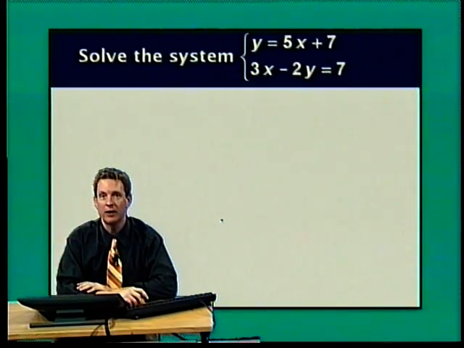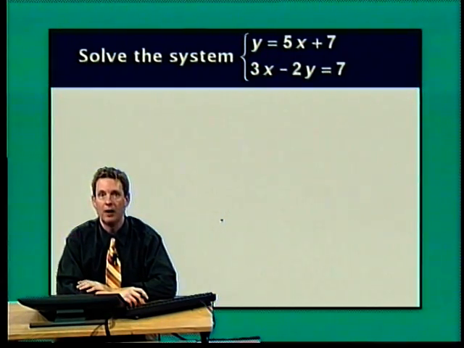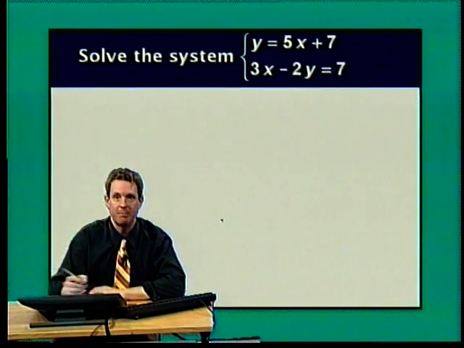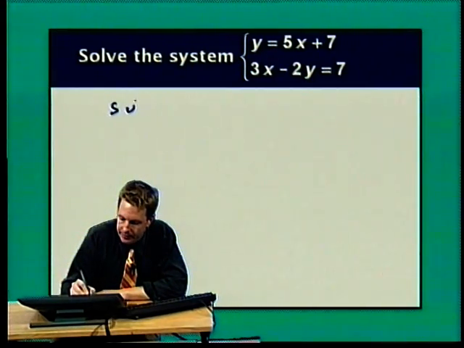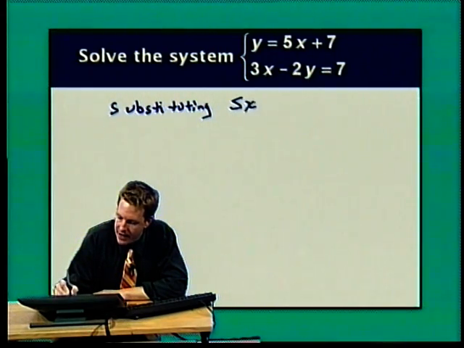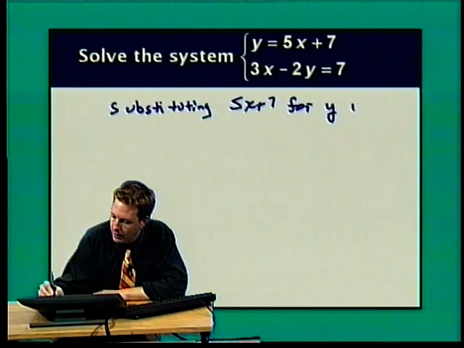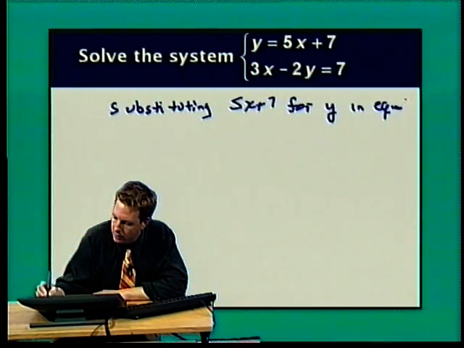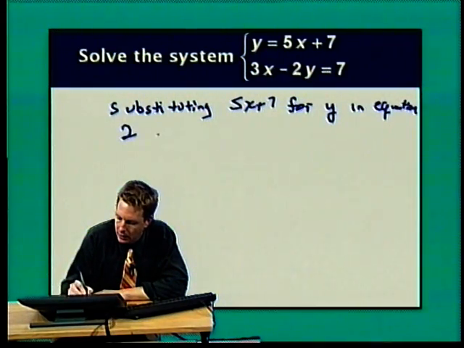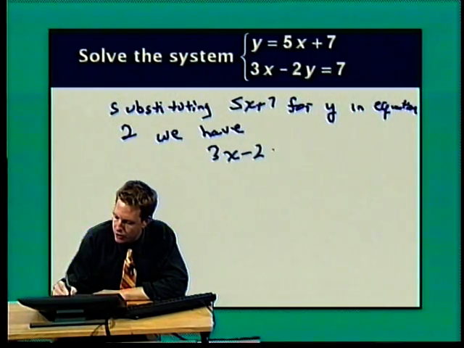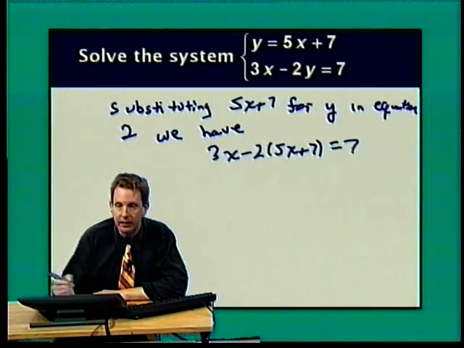All right, let's work another example. In this system, y has already been solved for, so I think I'm going to use the substitution method. So substituting 5x plus 7 for y in equation 2, we have 3x minus 2 times 5x plus 7 equals 7.